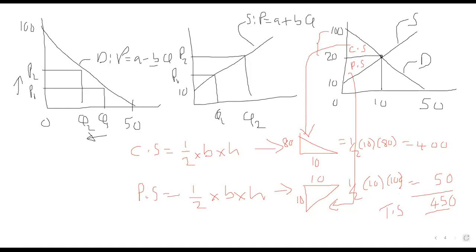So these calculations can come as follows. Suppose we're given a demand function, which is 100 minus 3Q. And here we're given the supply function as 10 plus 2Q. We're asked to find the equilibrium.